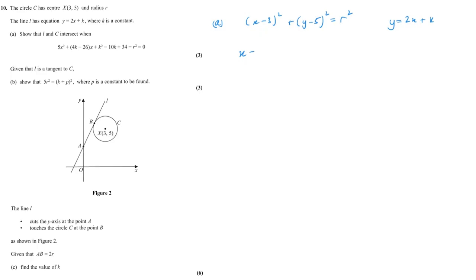So x minus 3 squared plus 2x plus k minus 5 squared equals r squared. Now I need to just expand my brackets, so square the first, double the product, square the last.